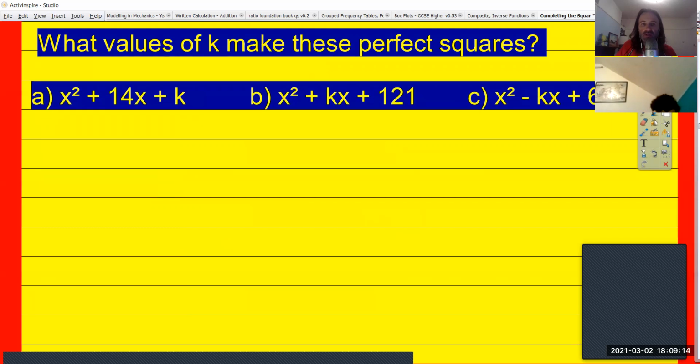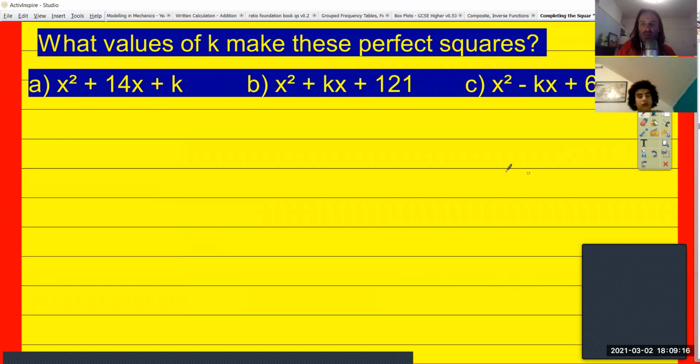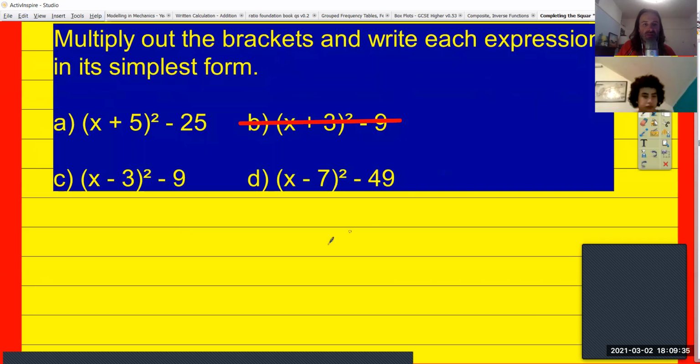Okay, what value of k will make these perfect squares? 49, first one. I think you're all right for these. You get the idea. They're similar to the previous one. Multiply out the brackets and write the expression in simplest form.